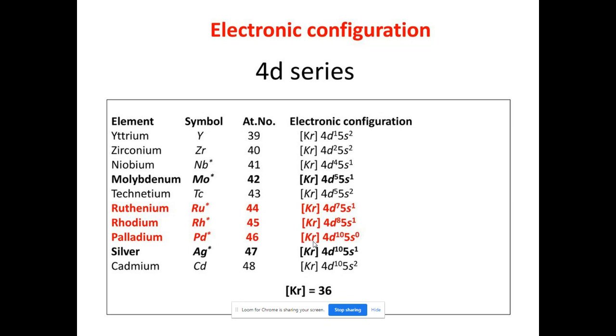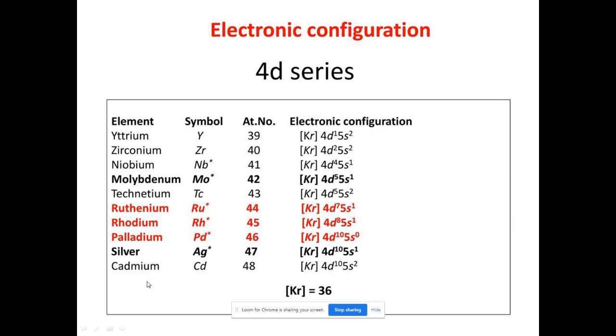See the difference in the configuration of molybdenum and silver; this is due to the extra stability of half filled and completely filled d subshells.